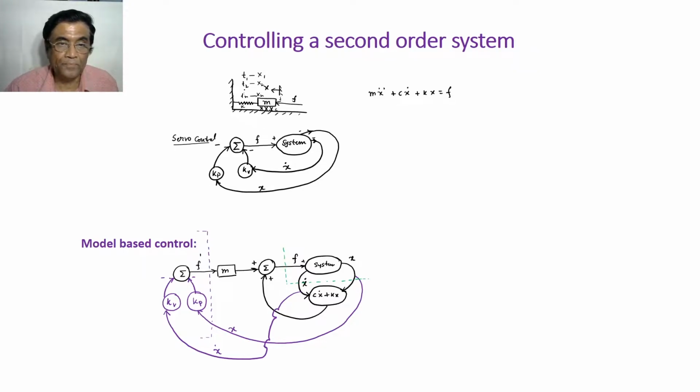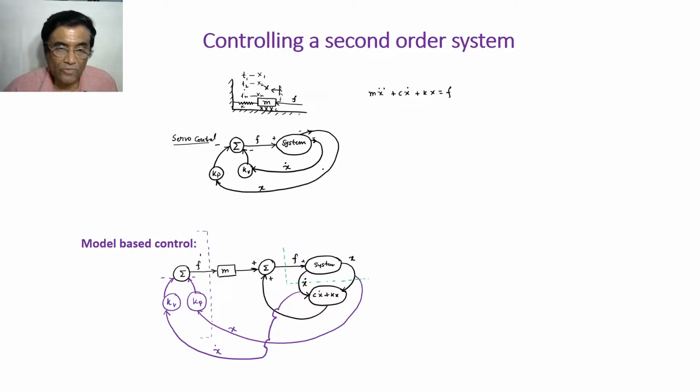And M, C, K are called the system parameters, and x, x dot are called state variables. M, C, K, in a time invariant system, are constant. So the variables are the state variables x and x dot.